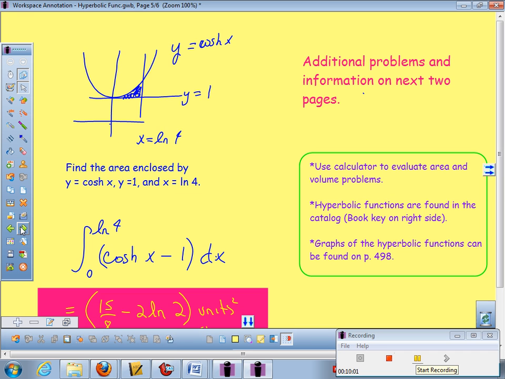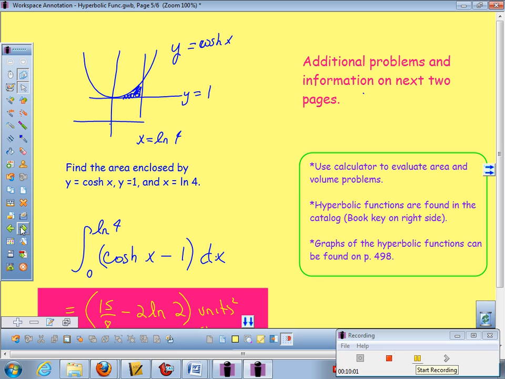You do have a couple problems at the end where I'm going to ask you to find some area or volumes. Okay, I know you don't know these graphs. If you look on page 498, as you'll notice I have it written here, you'll find the graphs of them. In this case, I wanted the area enclosed by hyperbolic cosine, y equals 1, and a vertical line at natural log of 4. Okay, they're going to be really simple.